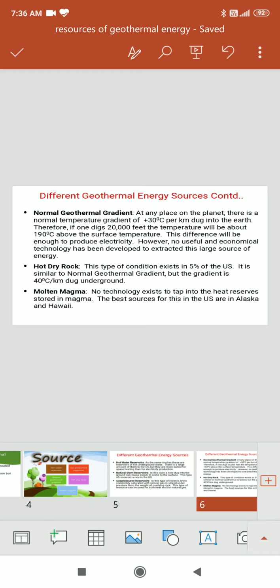Normal geothermal gradient: at any place on the planet, there is a normal temperature gradient of about 30 degrees centigrade per kilometer. So when we go deeper, every kilometer it will add 30 degrees centigrade. Therefore if one digs 20,000 feet into the earth, the temperature will be around 190 degrees centigrade above the surface temperature.